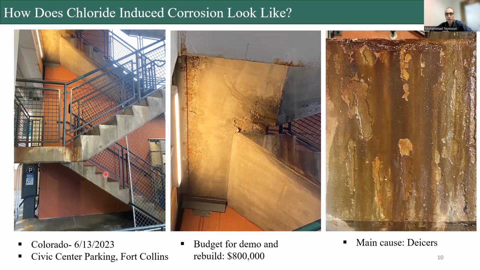So they applied too much de-icers and ended up with chloride corrosion that you can see here. So it means that instead of spending money for repair and rehabilitation, there is room to make wise decisions, specifically for the de-icers or the mixtures that we are using.